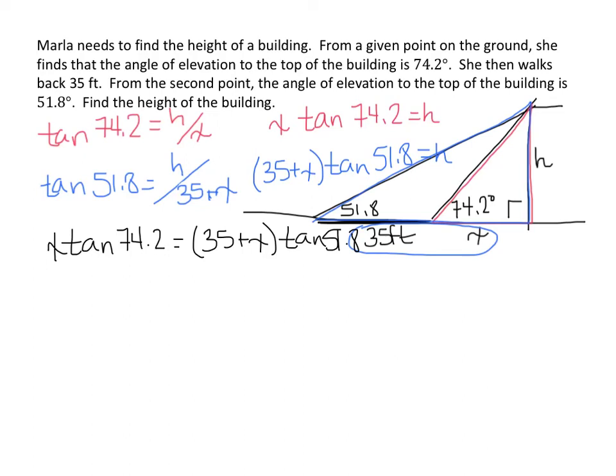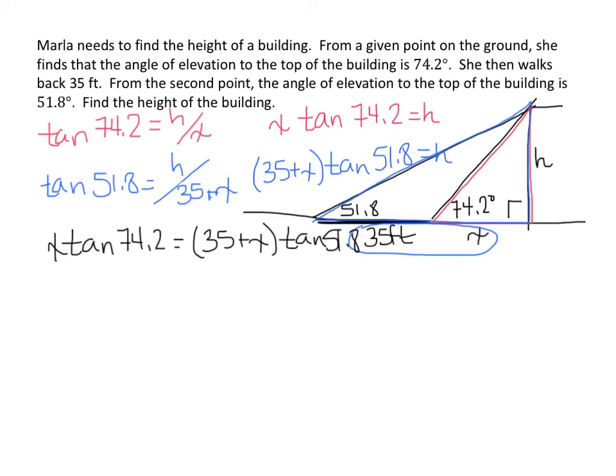Here is where it gets algebraic. We're pretty much done with the trig. So we have to start doing things like factoring and distributing. First thing that I will do is distribute this 35 plus X to each tangent.